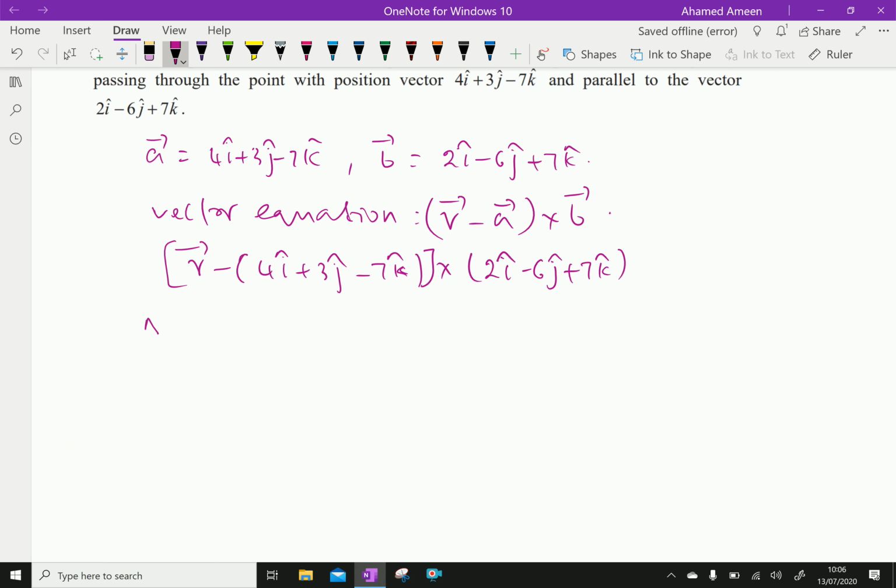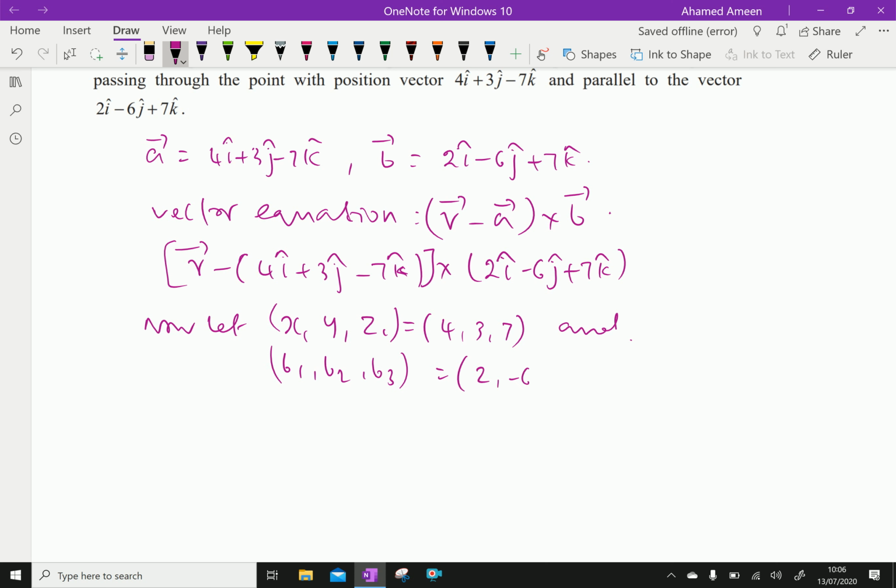Now let x1, y1, z1 be 4, 3, minus 7, the passing through point, and b1, b2, b3 be 2, minus 6, 7.